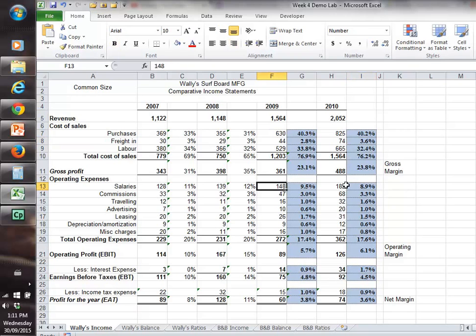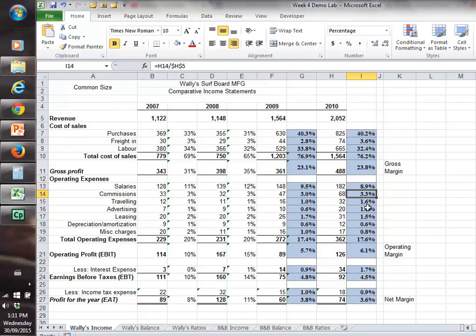Salaries went up a good chunk in terms of one year compared to the next, but in terms of the actual comparison of the numbers to the revenues, okay, they actually went down from 9.5 to 8.9. So hard numbers went up, the dollars went up, but the proportion, and remember proportion is the key, actually went down. Now most of these actually are pretty much the same within a few numbers here and there.